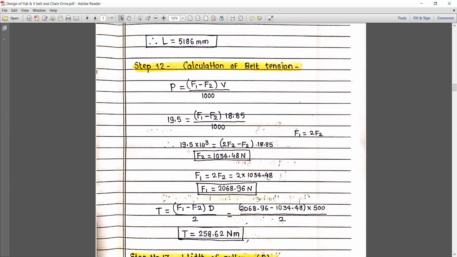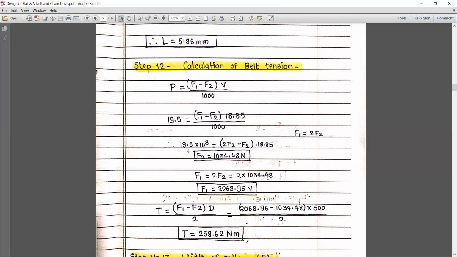Belt tension P is equal to F1 minus F2. You can also denote it T1 minus T2, so it depends what nomenclature we are using. So here (F1 minus F2) into V divided by 1000. Putting the values, F1 and F2 are both unknown, so we select the empirical relation that F1 is equal to twice F2.